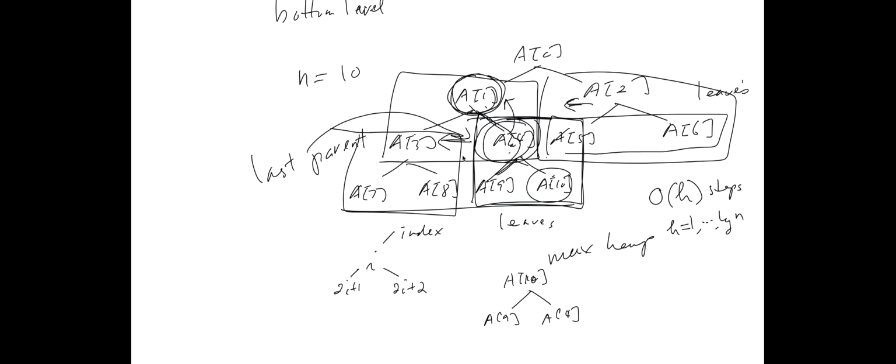Each heapification is at most log n, so roughly it will be n times log n to make any list into a heap. So now let's go back to our slides.